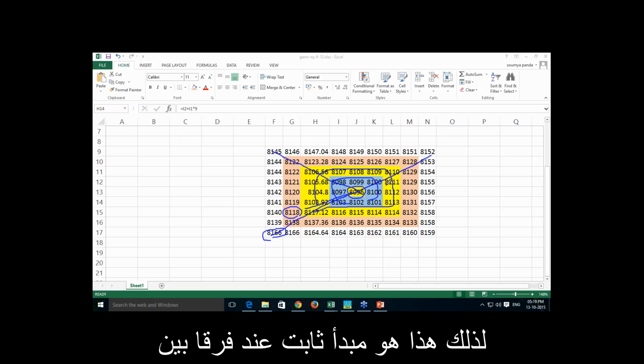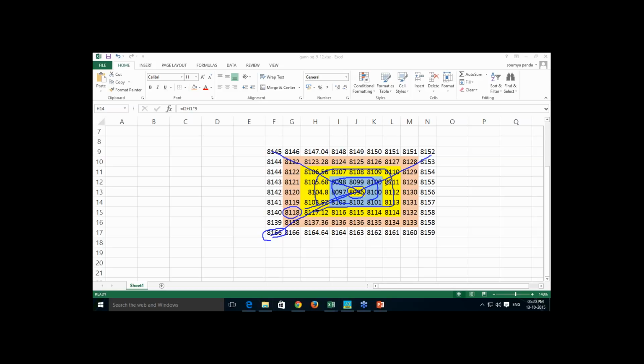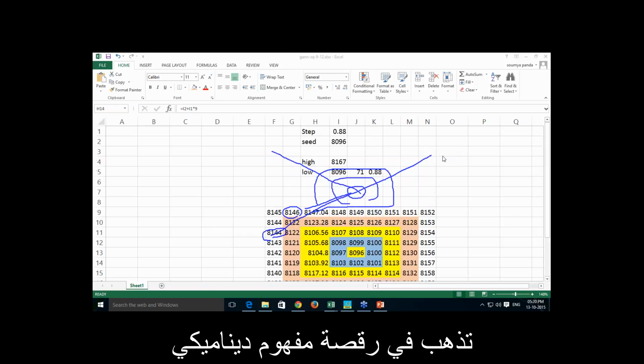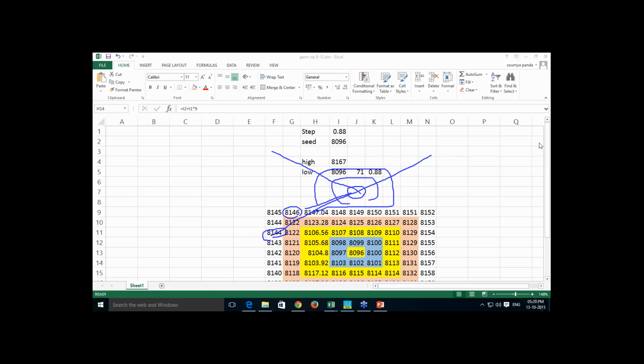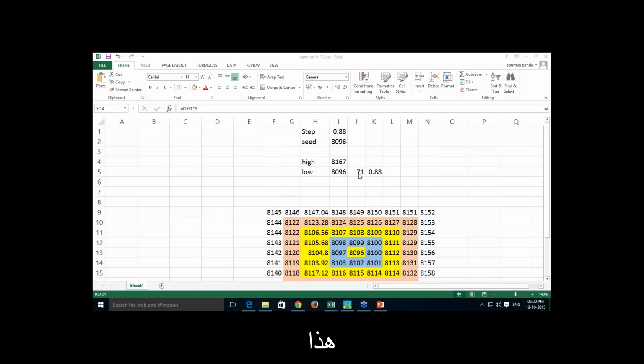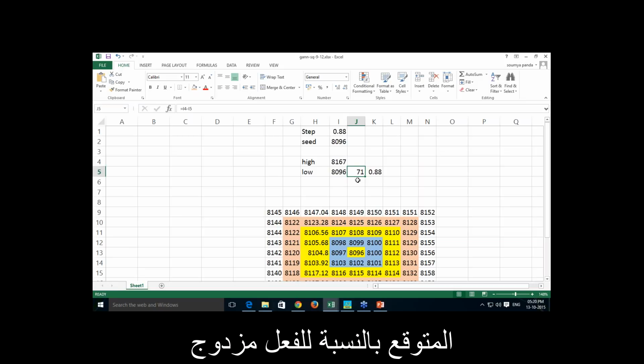This is a static principle, when you take the difference between a high and a low, derive a step and construct the wheel. The same concept can be done in terms of a dynamic concept. Instead of taking the high and low difference, you consider the volatility and the price range expected as per the volatility.